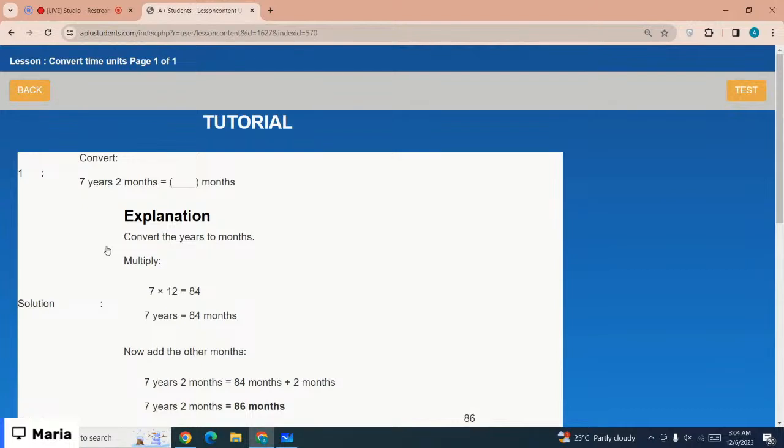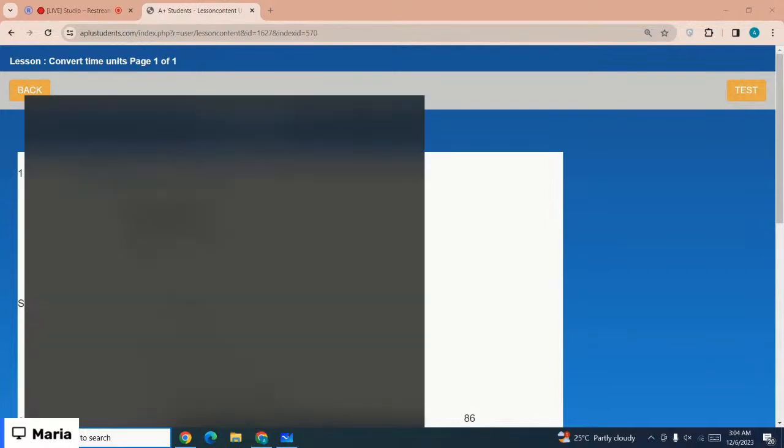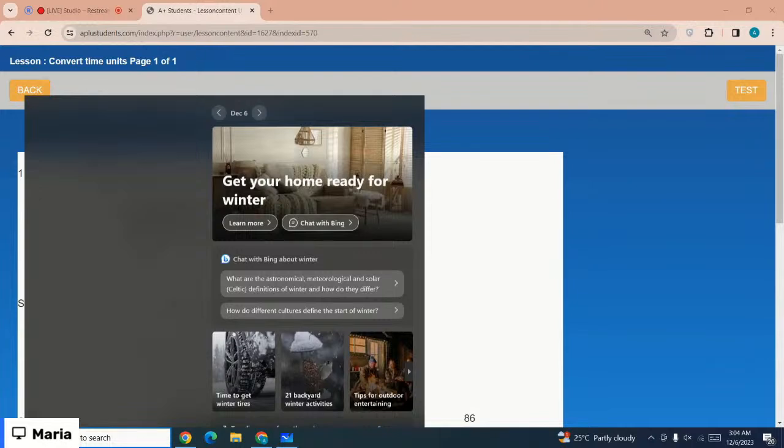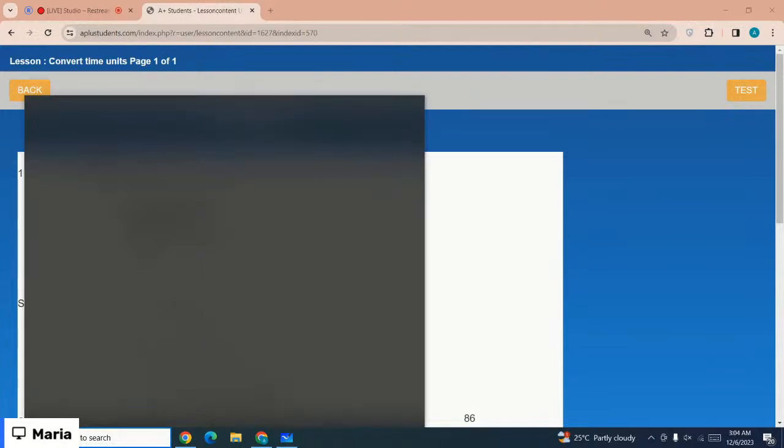Let's start with the first example. The first example is 7 years, 2 months equal how many months, right? You have to convert this time duration into months. You have 7 years and 2 months. So how many months in a year do we have?